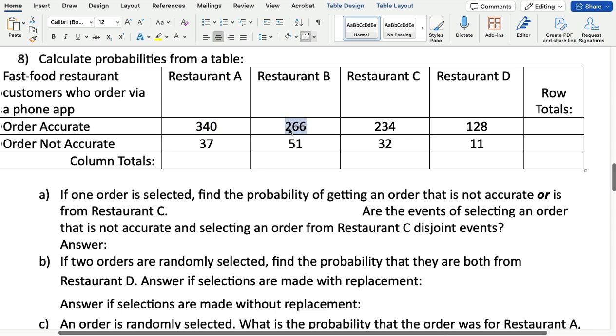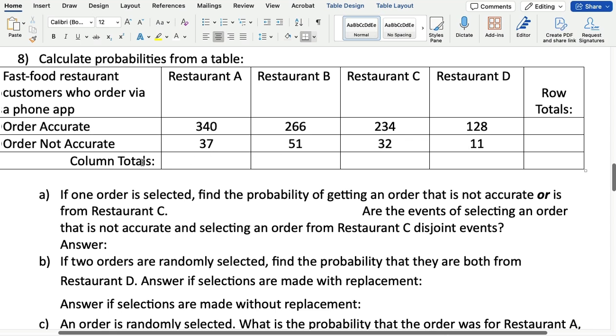So if you wanted to know what the probability of an order being from restaurant B and is accurate, you would need the 266. Okay, so everything that you see here is considered to be disjoint or separate. Okay, so we've separated out all the orders based on what restaurant they came from and whether or not they were accurate. Okay, so the accuracy is across the row and the restaurant is in the column.